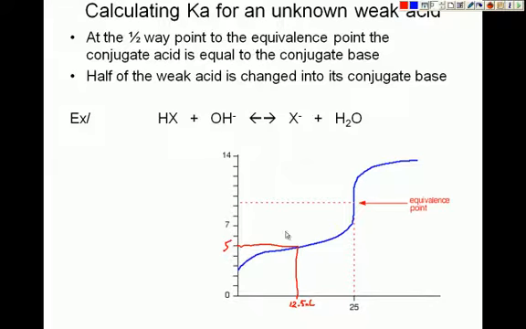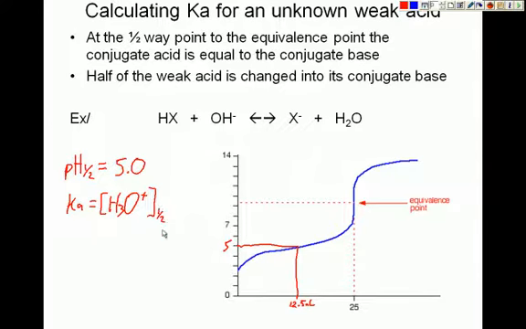So in order to calculate the Ka, we can use the pH halfway, and we know that the pH halfway is equal to 5.0 based on the graph, and we also know that Ka equals the concentration of H3O plus halfway.